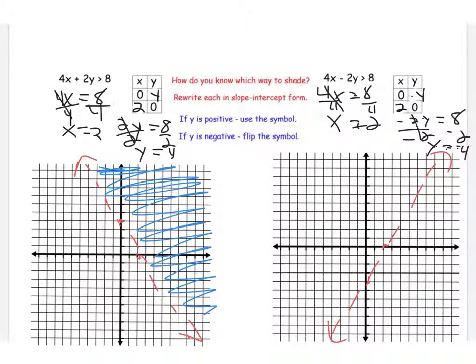So we're still shading in terms of y, but because y is negative, we have to do the opposite of the sign that's given. So the sign that's given in our inequality is greater than, but we're doing the opposite, which is less than. So I want to shade underneath that line because y is less than underneath that line. So I'm shading underneath the line.